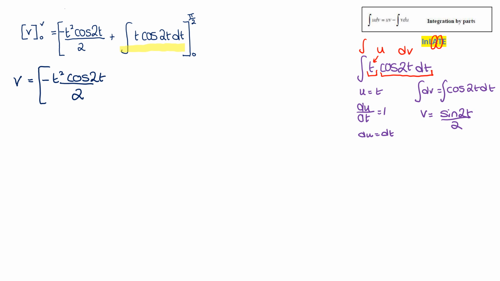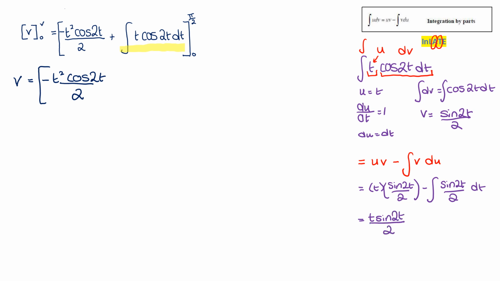So when we are doing our integration by parts, we have uv minus the integral of v du, which is u, which is t, times v, sine 2t over 2, minus the integral of v, sine 2t over 2, du, which is dt. So this gives us t sine 2t over 2, and I'm going to pull that half out in front just to make that integration a little bit easier. So it's sine 2t dt, which is t sine 2t over 2 minus a half.